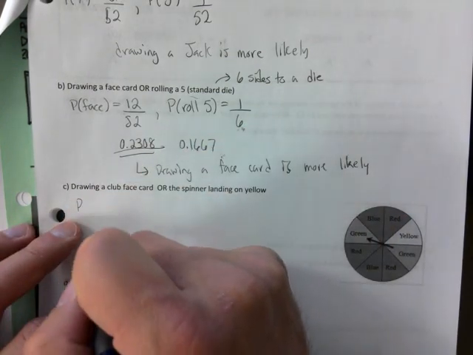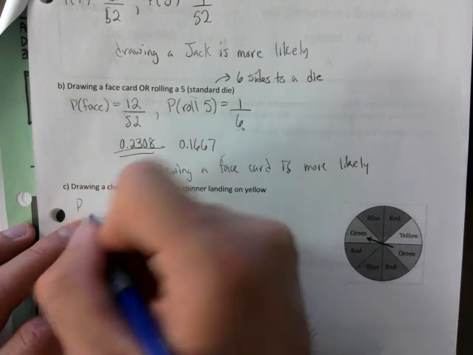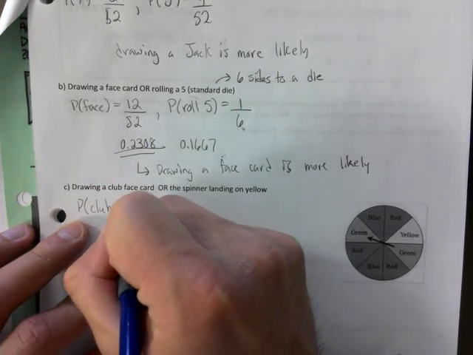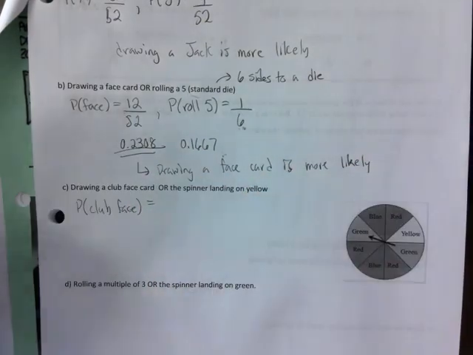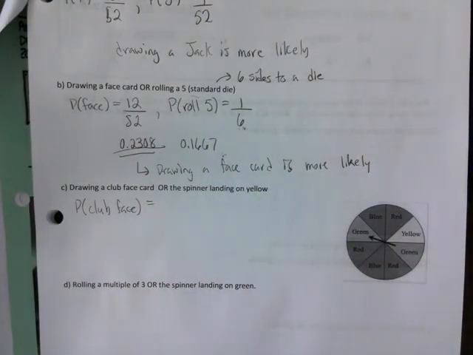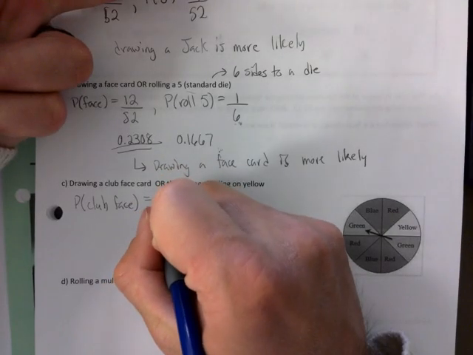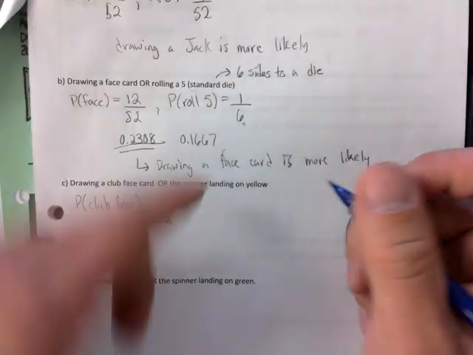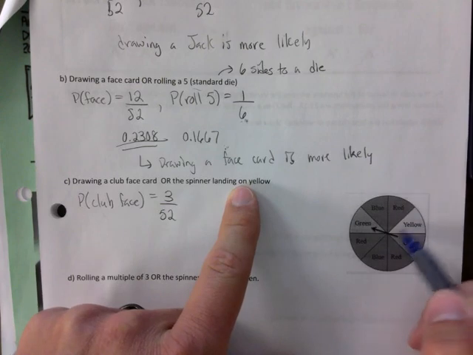Probability of drawing a club face card. There are 12 face cards, but only 3 of them are clubs, because there's a jack, a queen, and a king for each suit. So it would be 3 over 52. Now we're comparing this to the spinner over here.